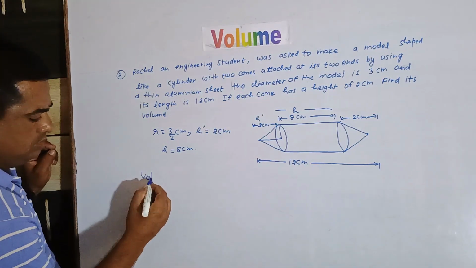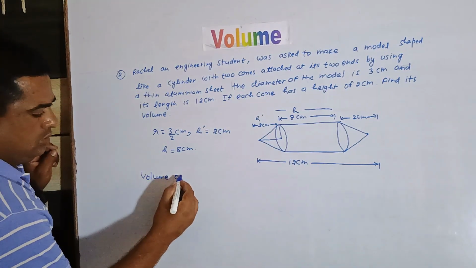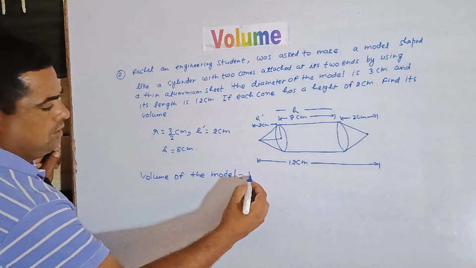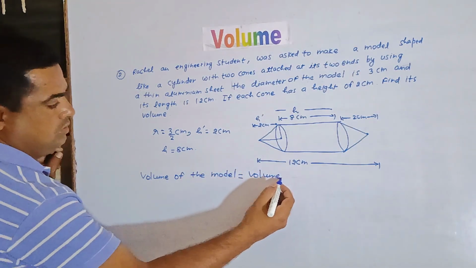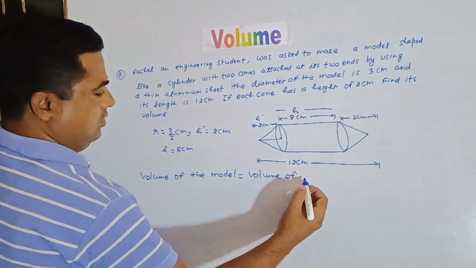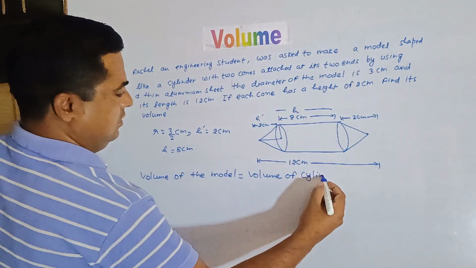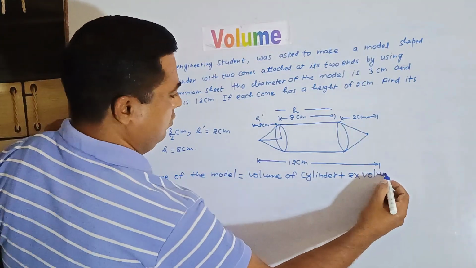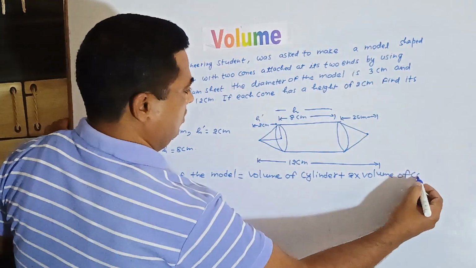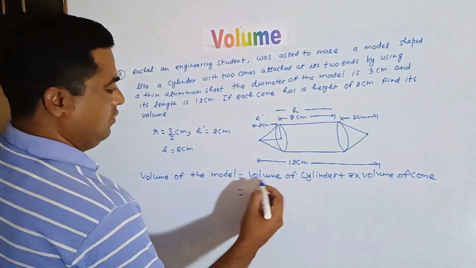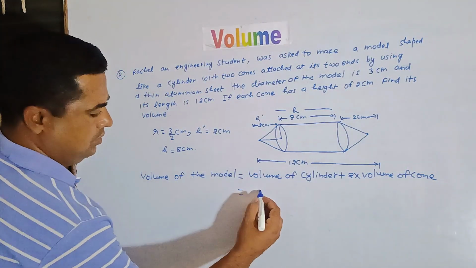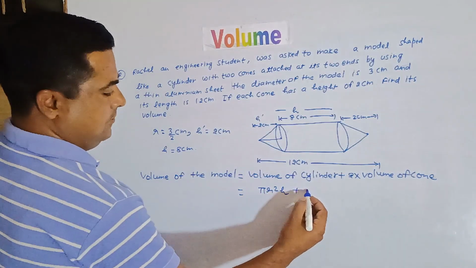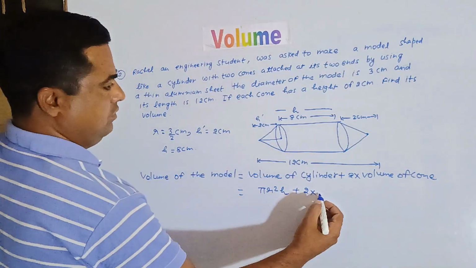Volume of the model, this will be volume of cylinder plus 2 into volume of cone. Correct? Now what is the volume of a cylinder? We know very well, formula will be pi r square h plus 2 into volume of cone.